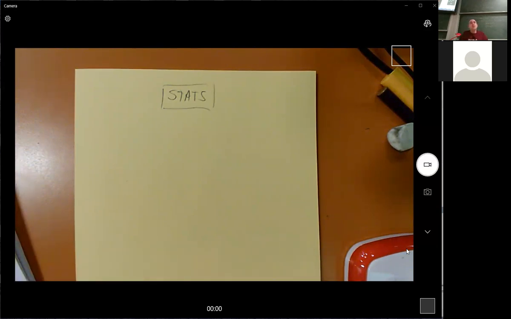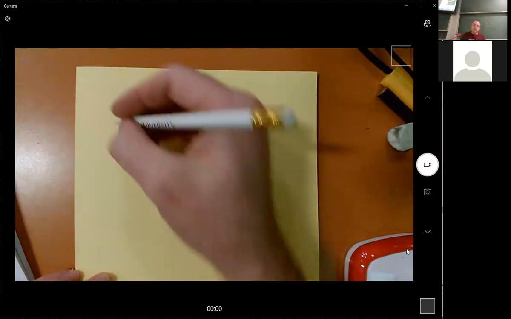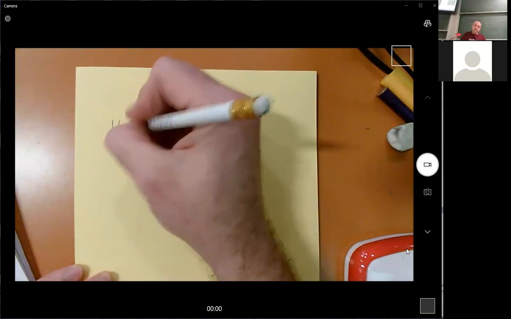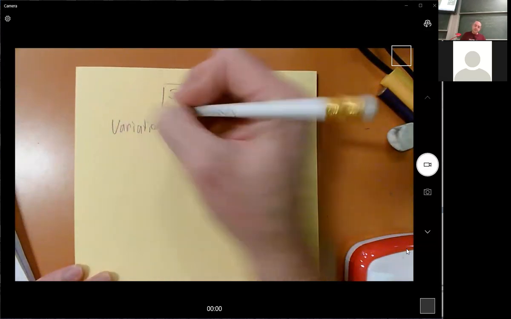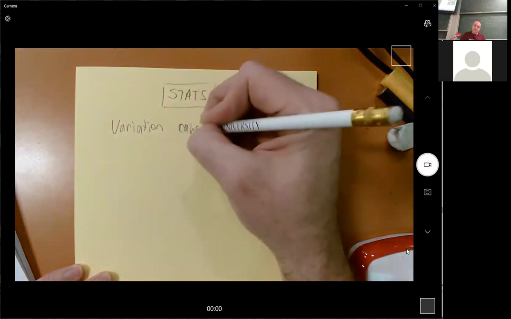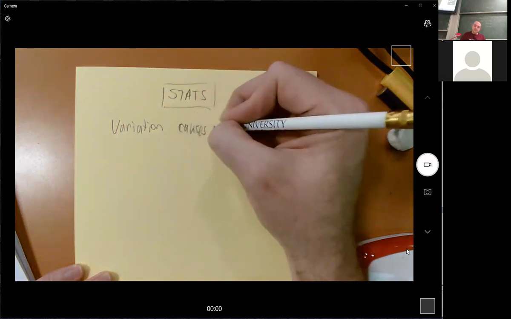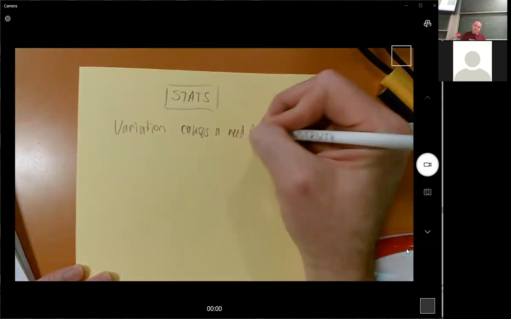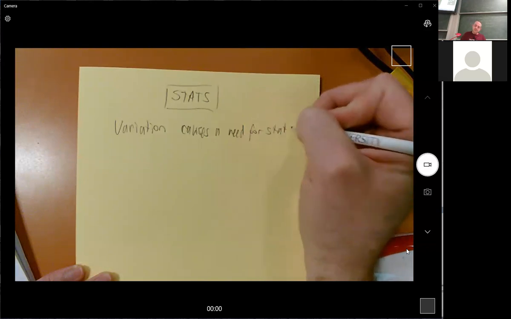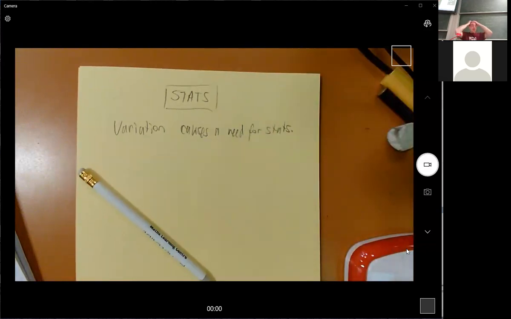The purpose of statistics is to deal with the fact that there is variation in the world. The variation causes a need for stats.